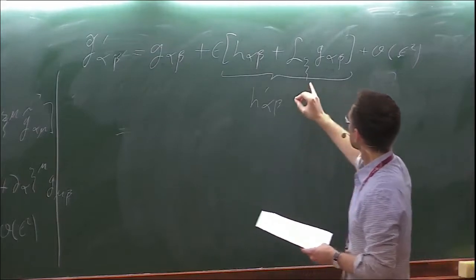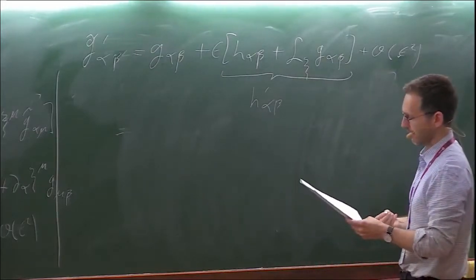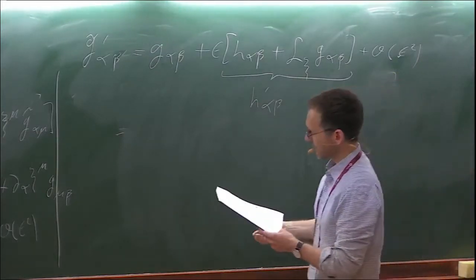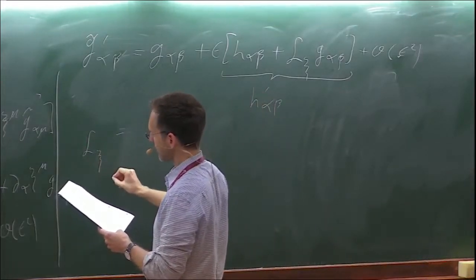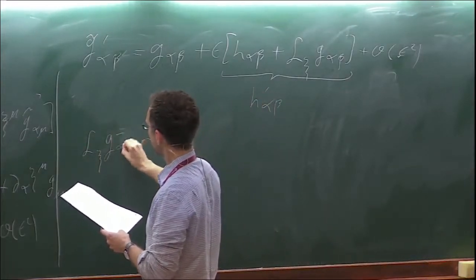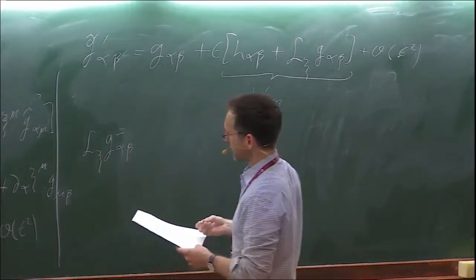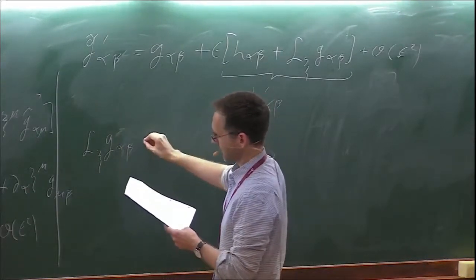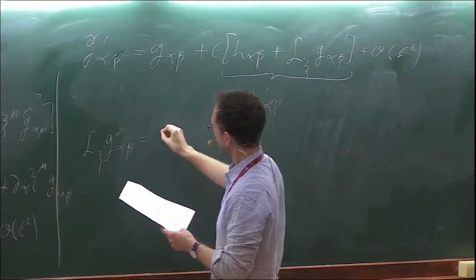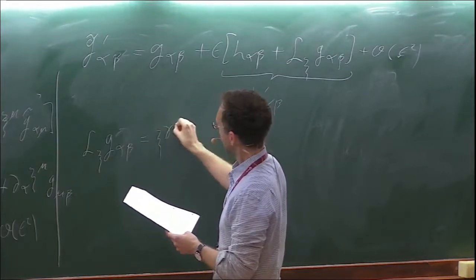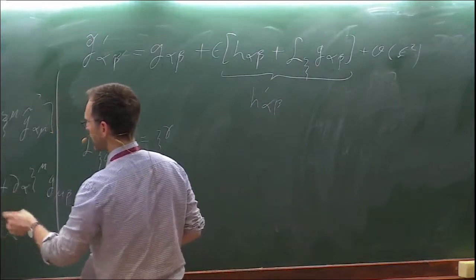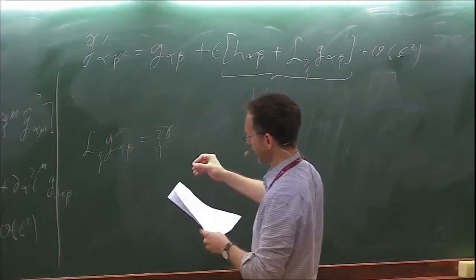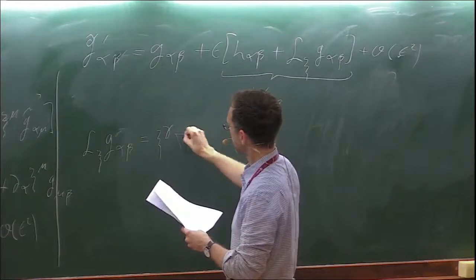Now usually this Lie derivative of the background is written in terms of covariant derivatives. To do that, we just note that the Lie derivative of a tensor is identical to what we have over here, but just replacing the partial derivatives with covariant derivatives.